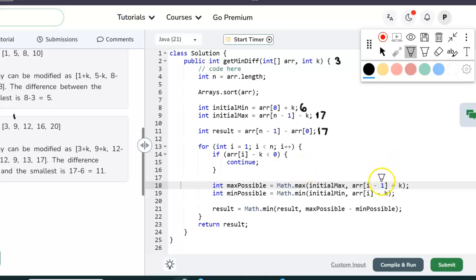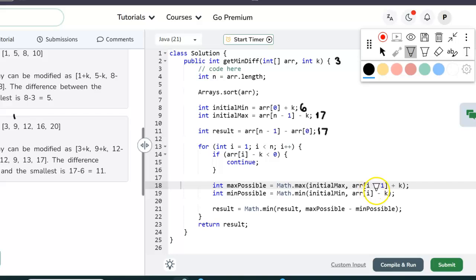So let's say we add 3 to 3, I minus 1. I is 1, array 0, 3 plus 3, 6. Okay, is that greater than the initial max, which is 17? No. So nothing changes there.